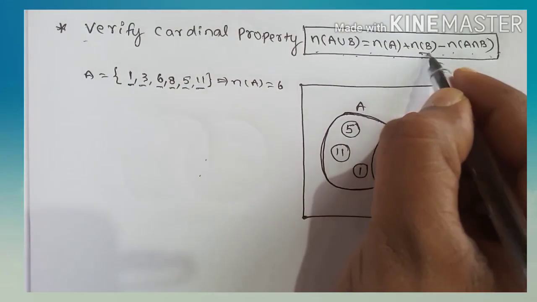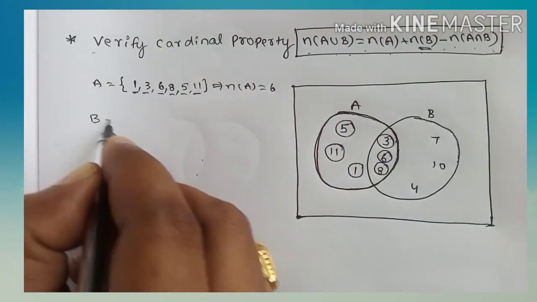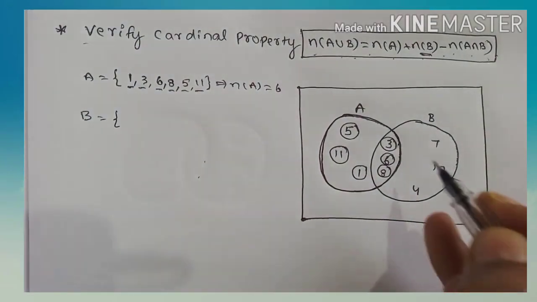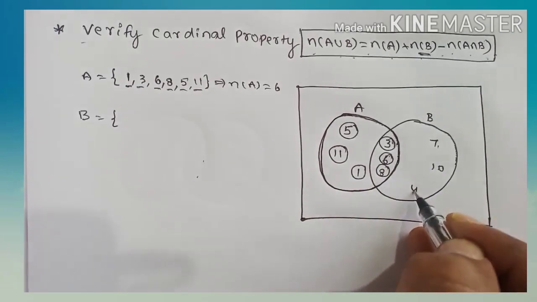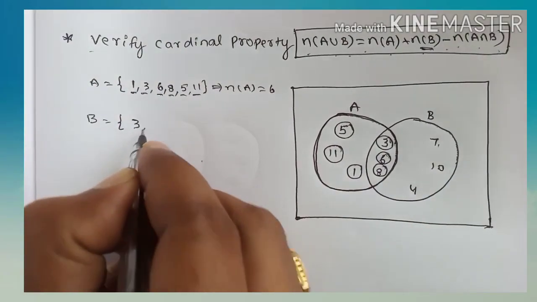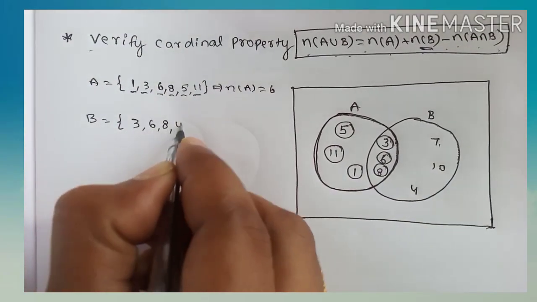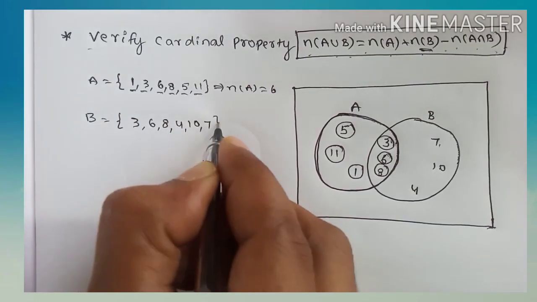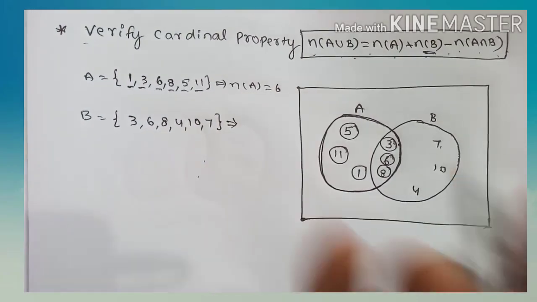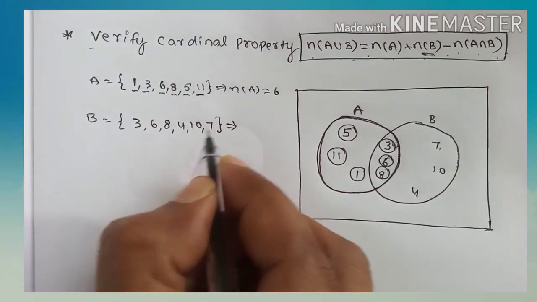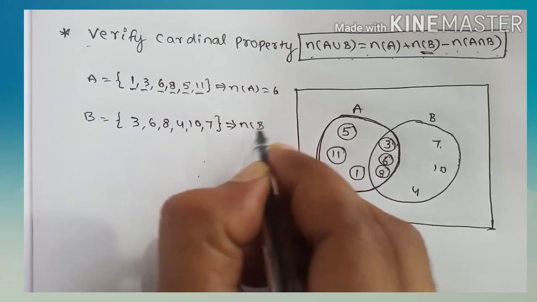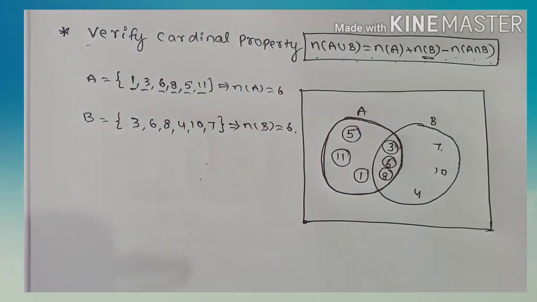Now the second one, set B. Now set B is equal to, what are the elements here? 1 2 3 4 5 6 elements are there. Those are 3, 6, 8, 4, 10, 7. Order is not mandatory. Now how many elements are there? 6 elements are there. n of B is equal to 6.